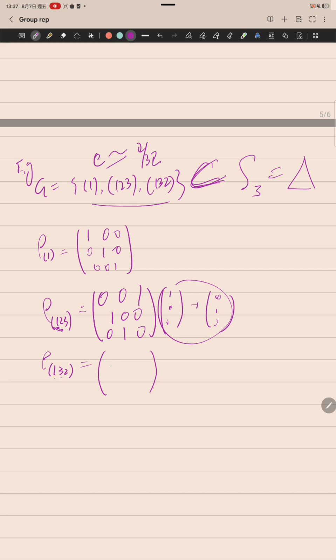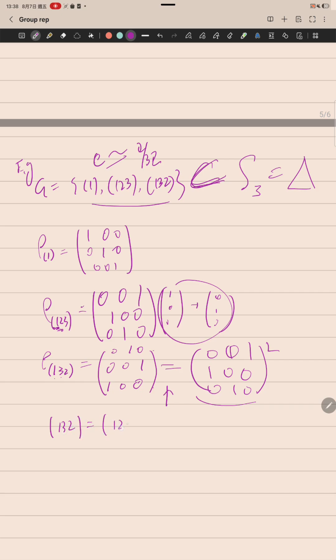So 1 maps to 3 goes here, 3 maps to 2 goes here, and 2 maps to 1. And you can also check this is exactly the square of the previous matrix, because (1 3 2) is (1 2 3) squared.